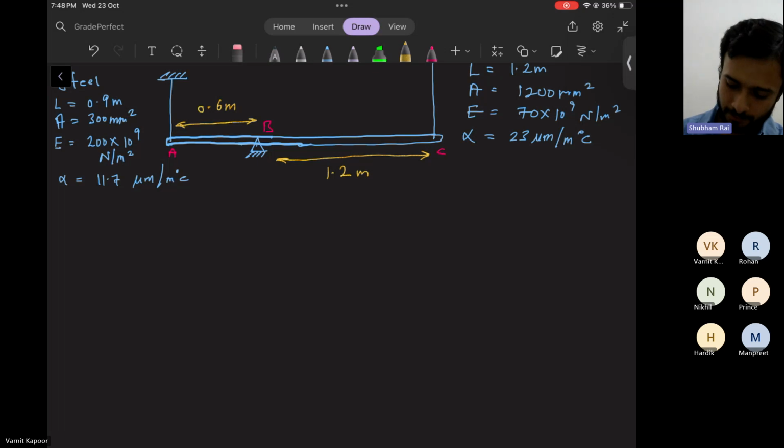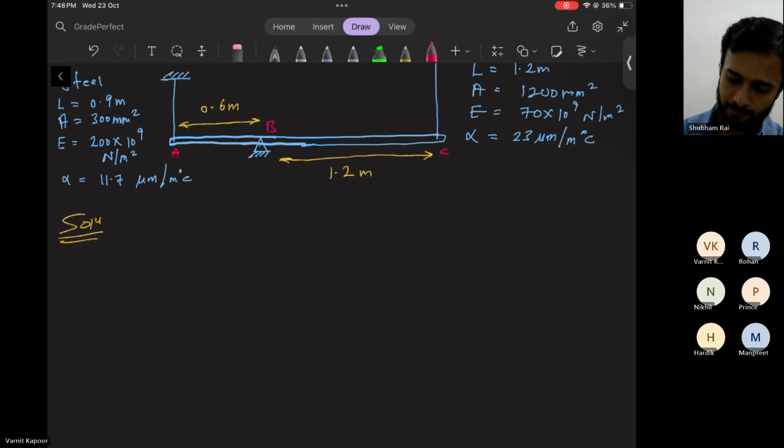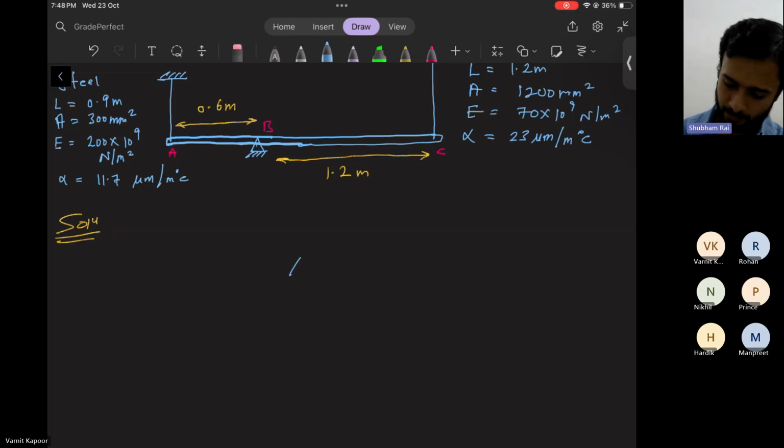So how will it look like? Let's say this is your point B, right? And this was the initial configuration of your bar ABC, right?